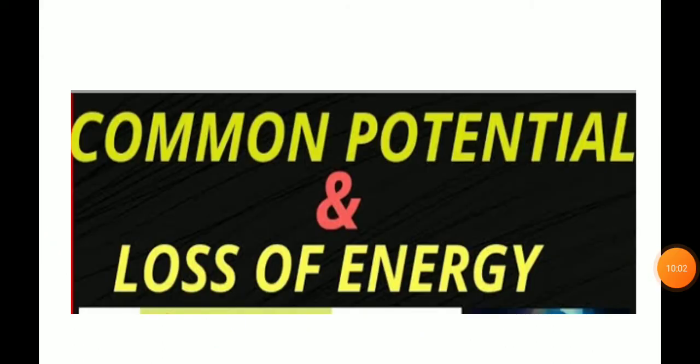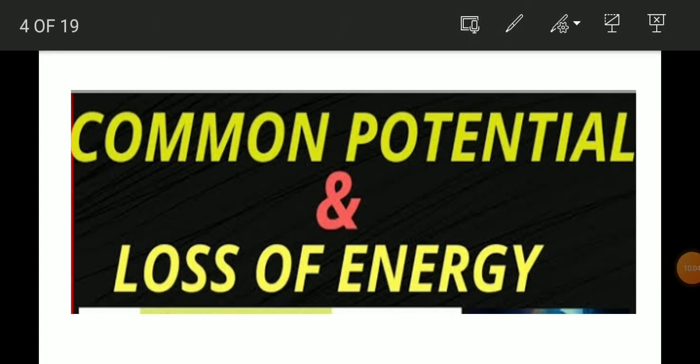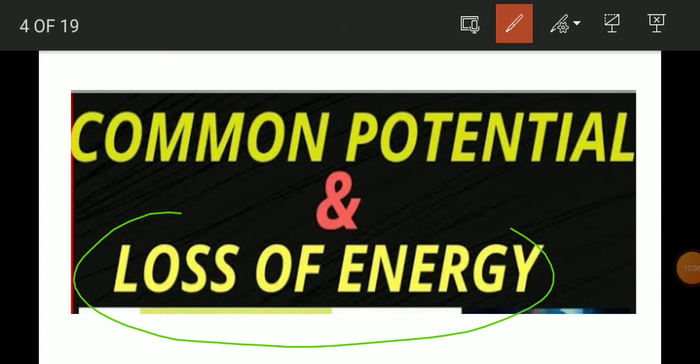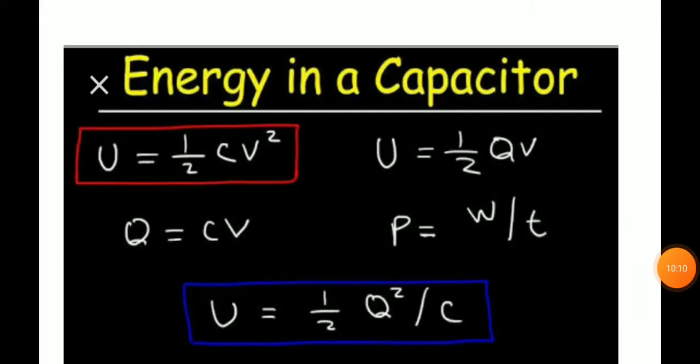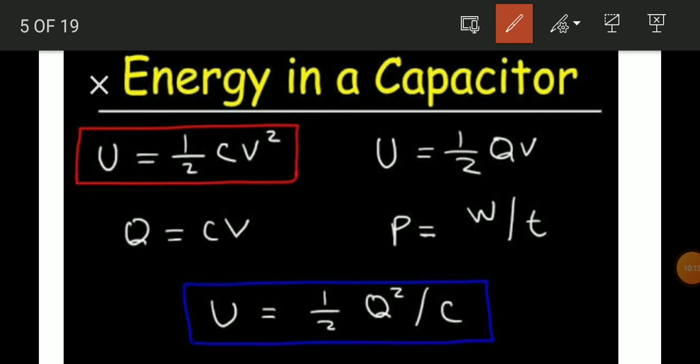Now let's talk about energy loss. Loss of energy and energy stored in a capacitor. This is the formula for the energy stored in a single capacitor when we charge it with the help of a battery. But here we are talking about the parallel combination, so the formula will get modified.